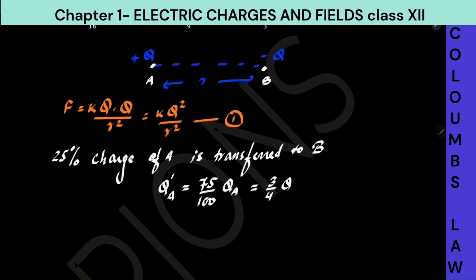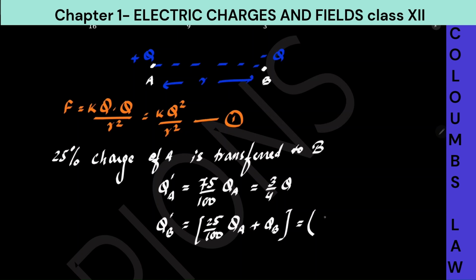What is the new charge on B? The new charge on B, QB dash, will be 25% of A, which is given to B, as well as the charge which was already there on B. Let me repeat: if 25% of the charge is given from A to B, this is 25% of A plus the B charge, because QB was already there.